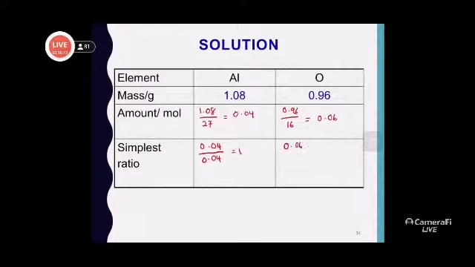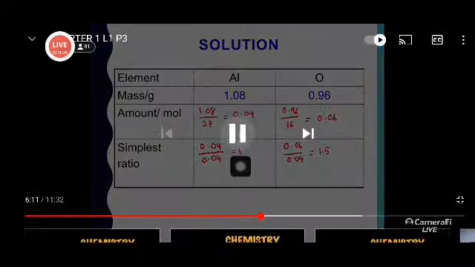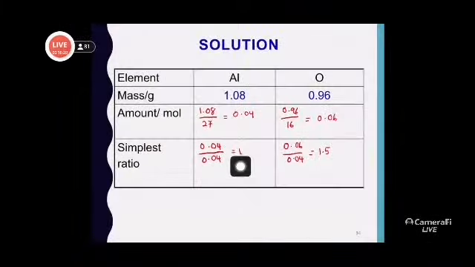For oxygen, 0.06 divide with 0.04. Okay, so dapat you will get 1.5. Alright. So sini kena tengok satu untuk for the aluminium dia dapat simplest ratio 1. Meanwhile for the oxygen simplest ratio dia dapat 1.5.